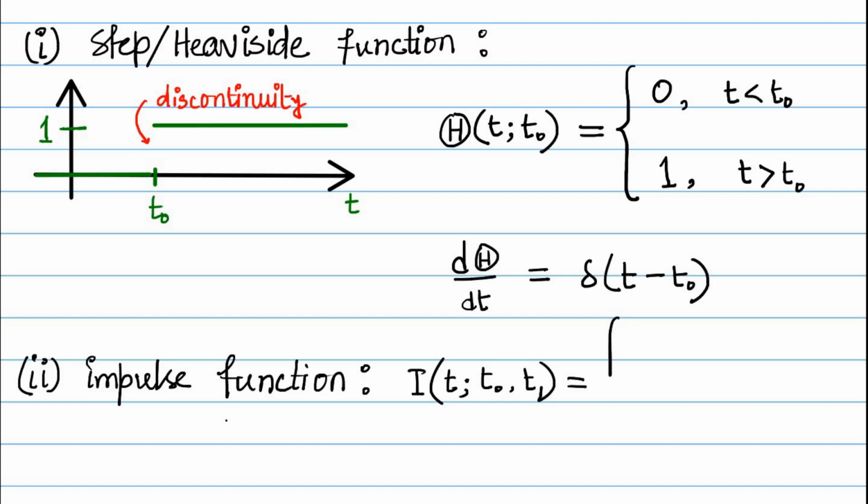Again, we take it to be the unit impulse. So before time t0, it's 0, and after time t1, this is 0. And remember, we are assuming that t1 is greater than t0, and it is manifested in the middle section.